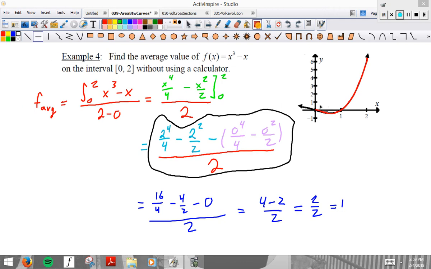Now, that's a little misleading. It might look a little low to you since so much is up here, but keep in mind that we're counting these as negatives.